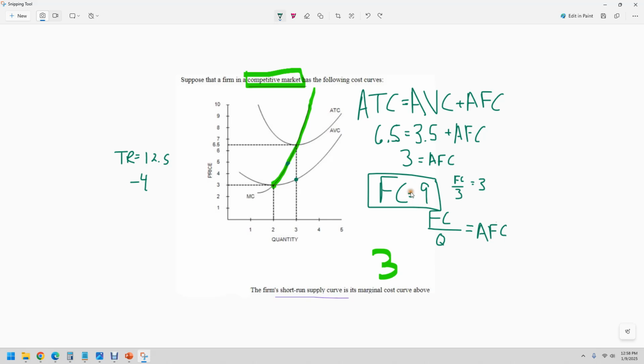Now, in the long run, I'll completely exit the market, but in the short run it makes more sense to produce at a loss-minimizing quantity rather than shut down. If you go right here, the distance between our average total cost and our average variable cost is around 450.